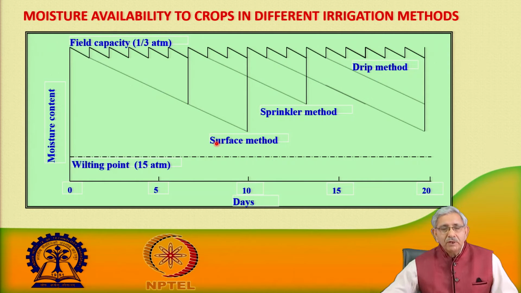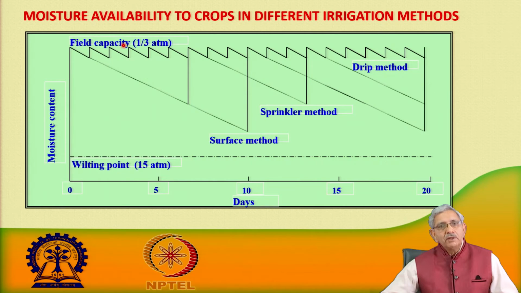Moreover, when water is given through a sprinkler system, it resembles rainfall. So, the impact of raindrops partially seals the soil surface. So, the plant is not deriving full benefit, but it is giving a better response as compared to the surface method of irrigation.